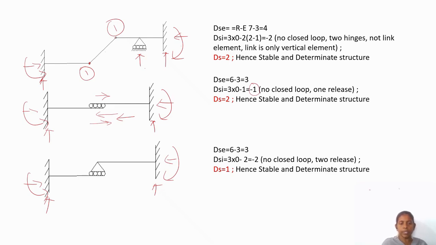In this also a horizontal roller is given, horizontal displacement as well as vertical reaction. Both are released. So 6 minus 3, 3 minus 2 is the release. 3 minus 2 equal to 1.